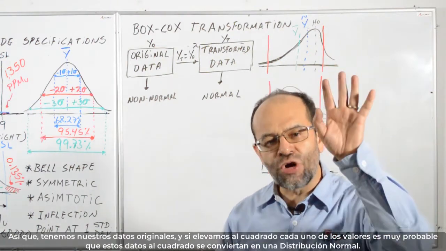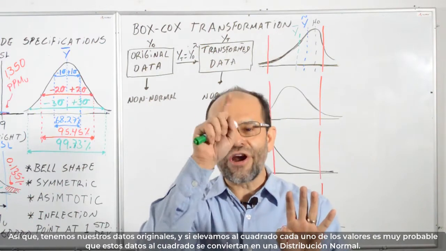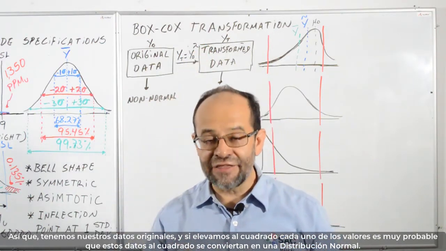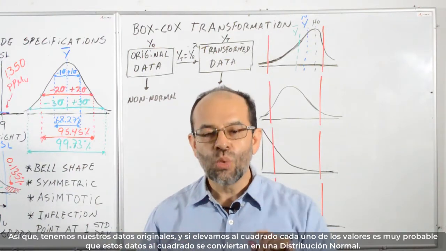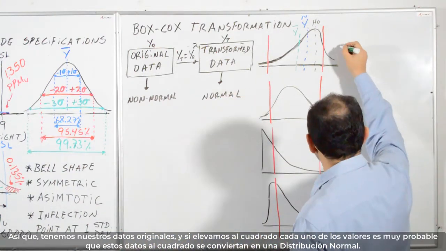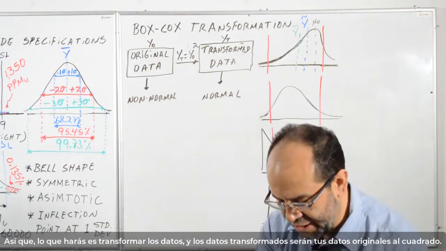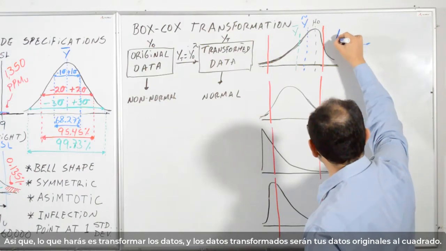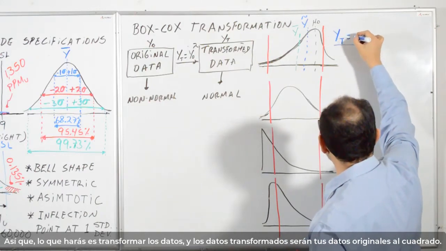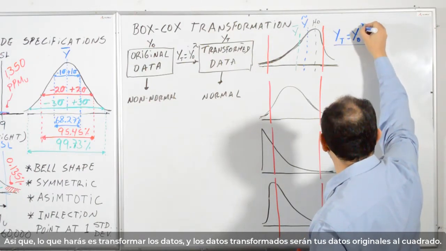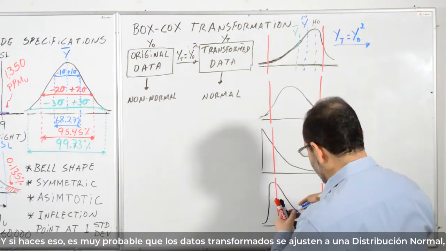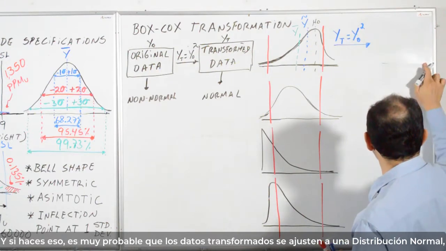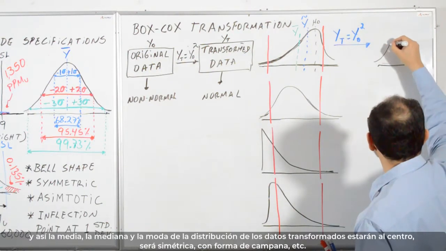If you square each of the values, very likely the squared values will become a normal distribution. So your transformed data will be your original data squared.